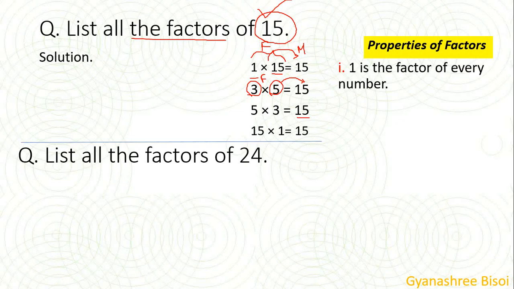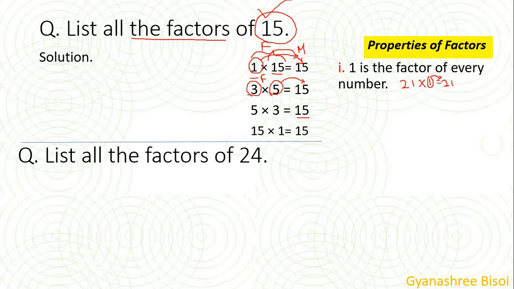That means 1 and 15 both are factors of 15. 1 is a factor of 15. You can take any other number also. Let's take 21. 21 multiplied by 1 equals 21. So 1 is also a factor of 21. You can take any other number and try.